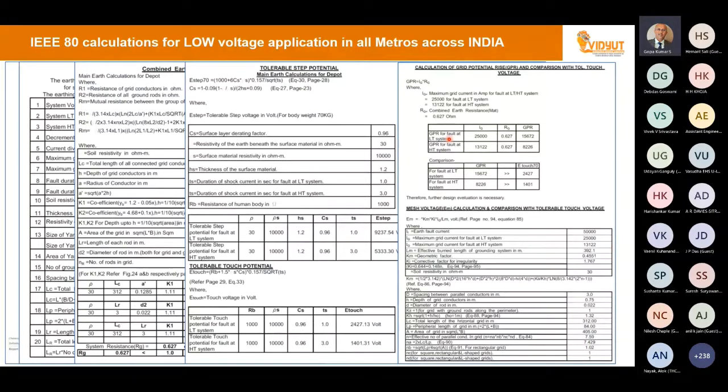That means a fault at the low voltage system, basically a line to neutral or line to earth fault, probably a 230 volt fault, is creating a ground potential rise of 15.672 kV. So this much voltage a 230 volt fault is creating. It looks really funny. Now, how can we apply this?